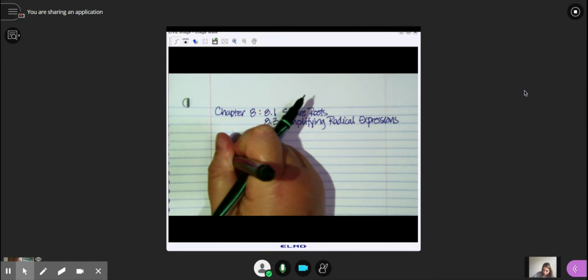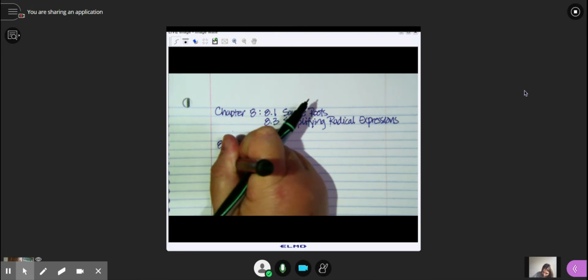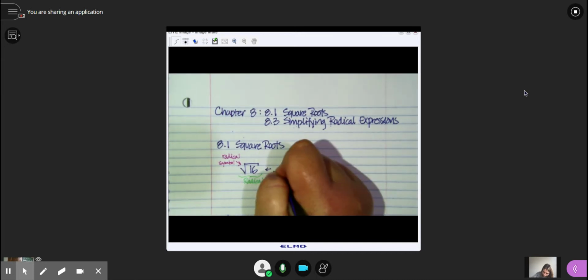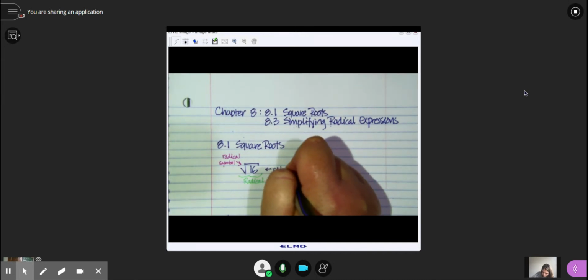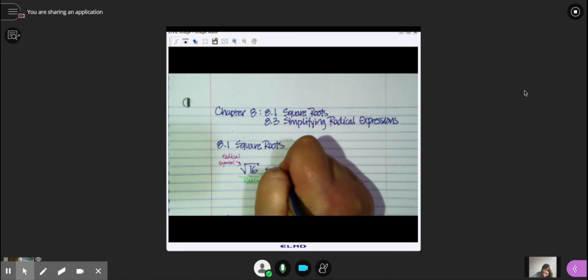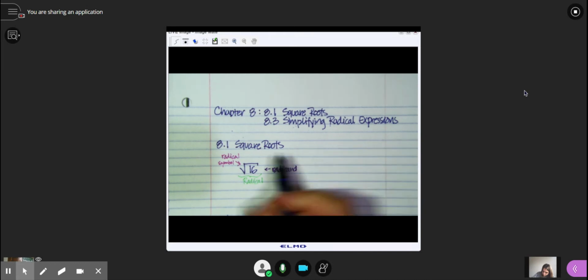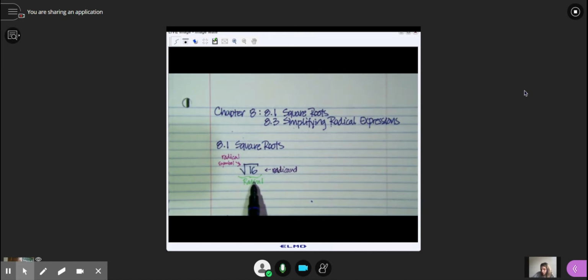That's our radical symbol. In this case, it's a square root. And then the 16 underneath is called a radicand. So it's the whole thing, radical symbol, and then the 16 is called a radicand.